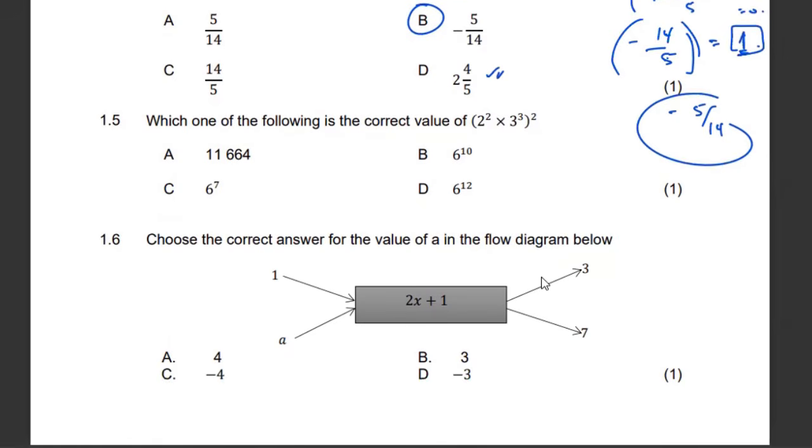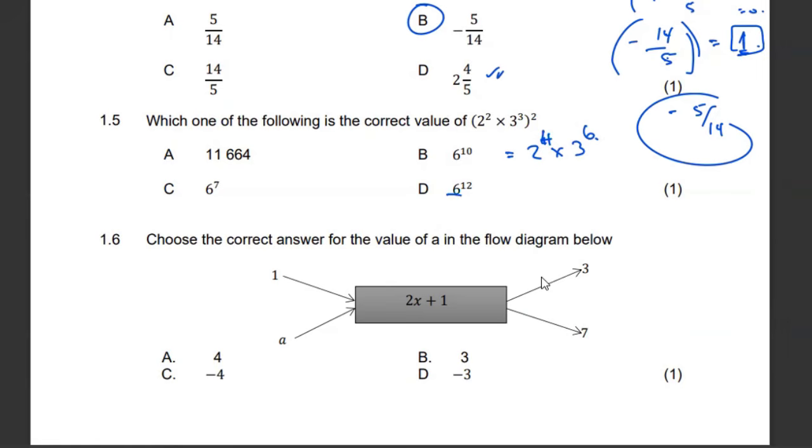Then which one of the following is the correct value of this? So we know that this is 2 to the 2 times 3 to the 3, and everything is squared. So that's going to be the same as 2 to the exponent of 4 times 3 to the exponent of 6.